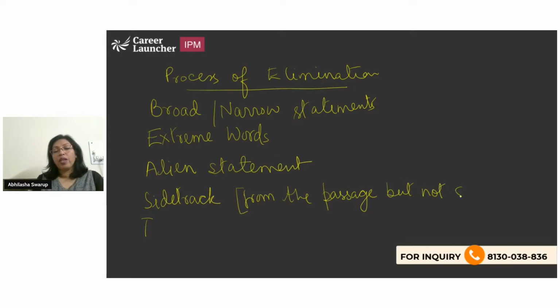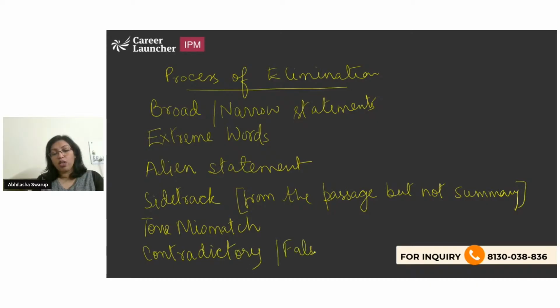And then something where there is a tone mismatch. A tone mismatch is when the passage is positive, your option is negative, or some such thing. And then, of course, you will also have the contradictory or the false option, something that is patently opposite to what the author has said. So you also eliminate the contradictory or false options.